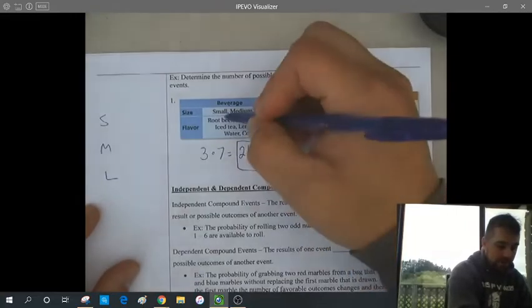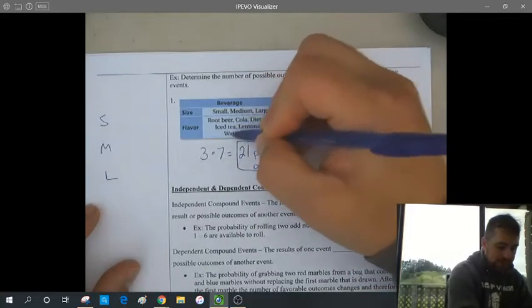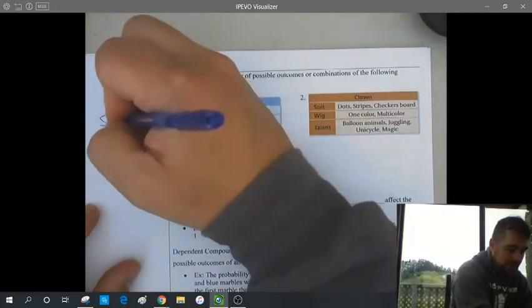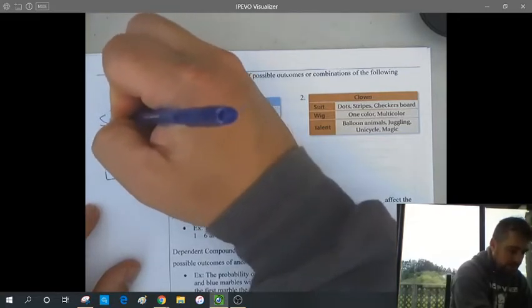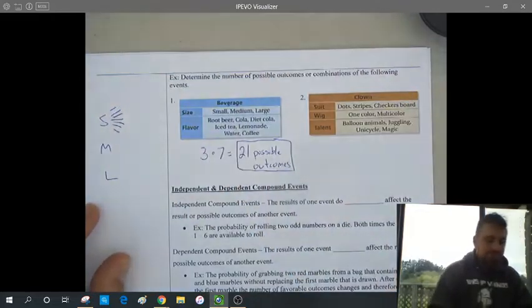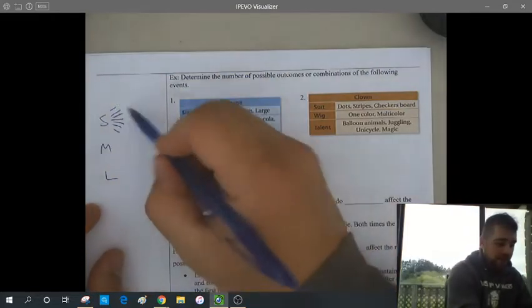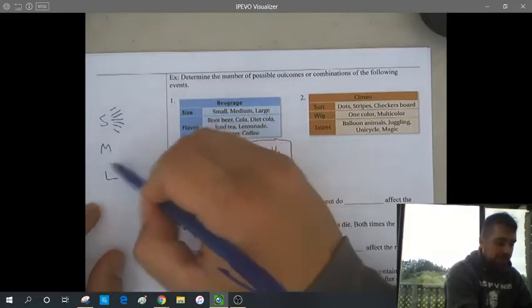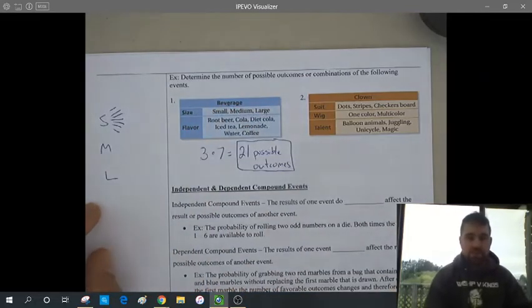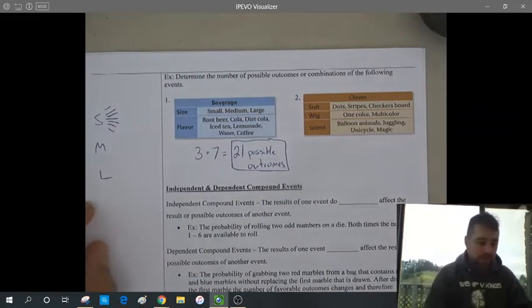And then because there are 1, 2, 3, 4, 5, 6, 7 options, each one of these would have 7 branches. And that's why they each lead to a flavor. So if there were 7 possible options here, 7 here, and 7 here, that's again why we end up with 21 possible outcomes.